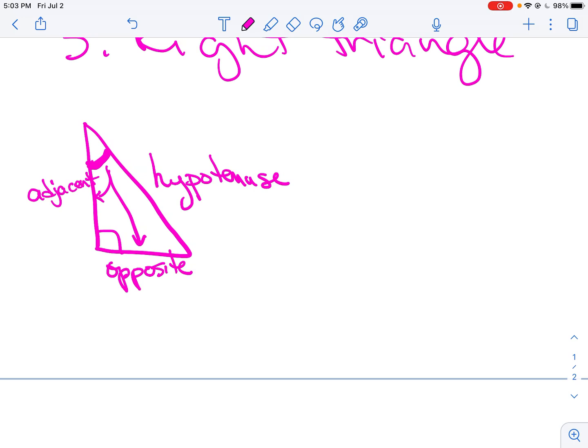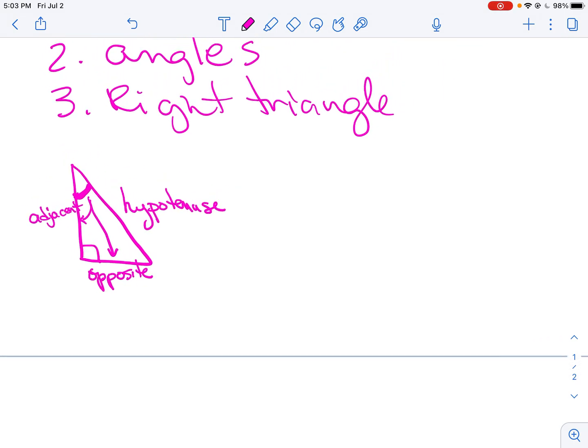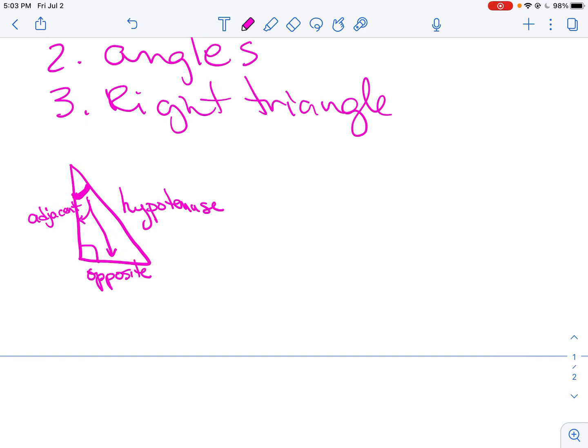So there are 3 trig functions that we're going to talk about in this. There's more than 3, but we talk about 3 specific ones. We talk about sine, and we're going to name this A, B, C. So if I'm talking about sine A, anytime you talk about sine, you're talking about opposite leg over the hypotenuse.